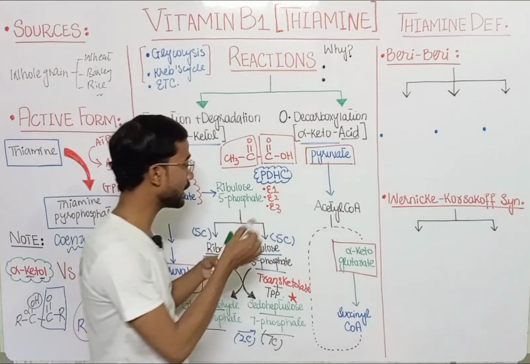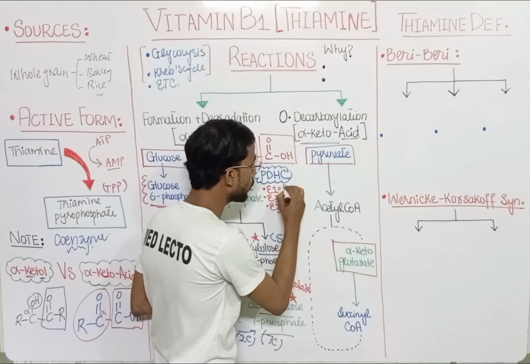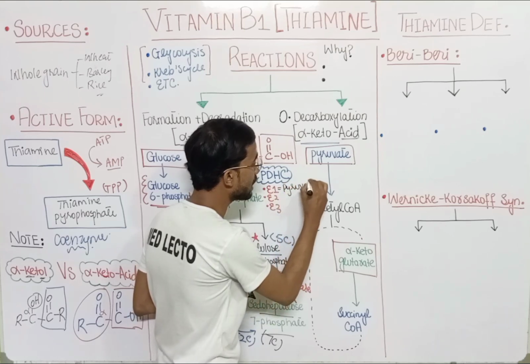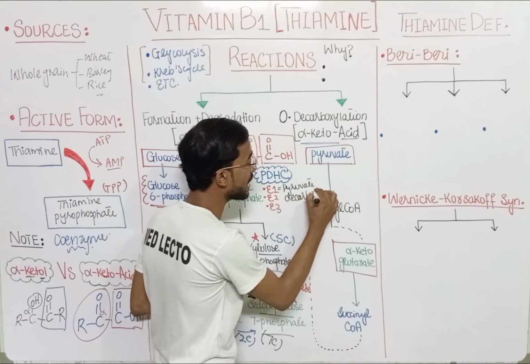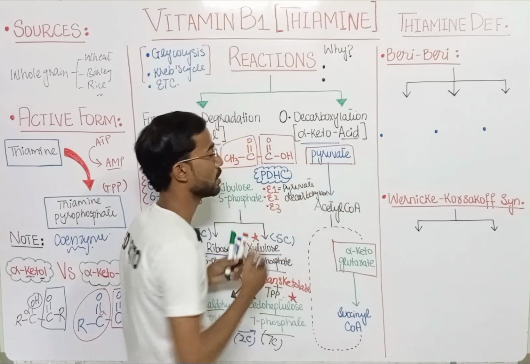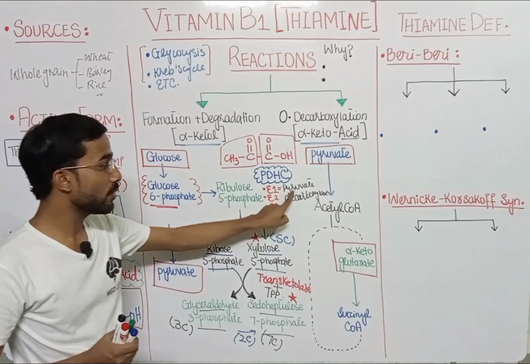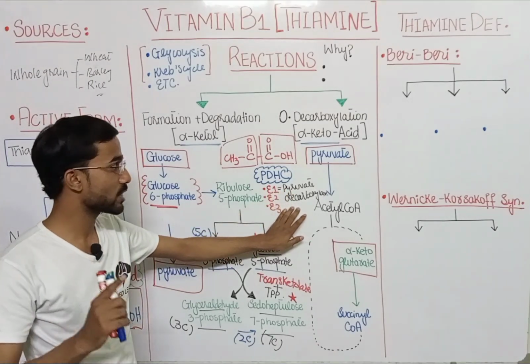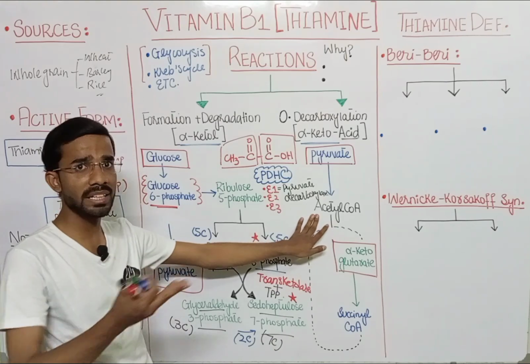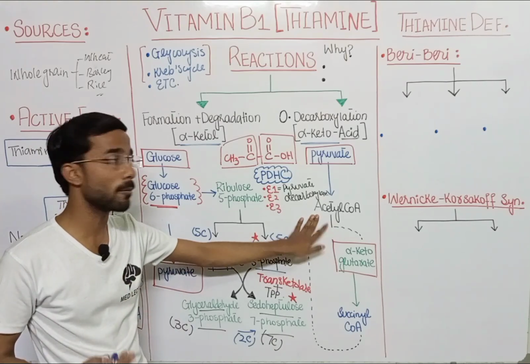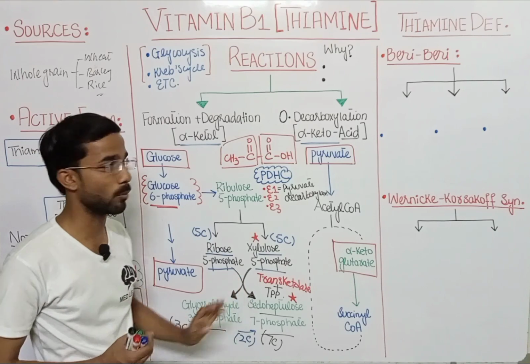E1 is actually the pyruvate decarboxylase enzyme. So pyruvate decarboxylase is involved in the conversion of pyruvate to acetyl CoA. Even though a lot of different enzymes are involved, our main focus is pyruvate decarboxylase.